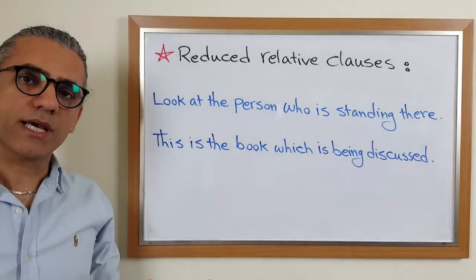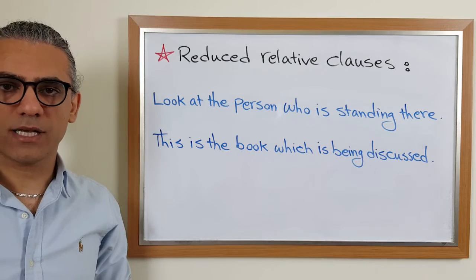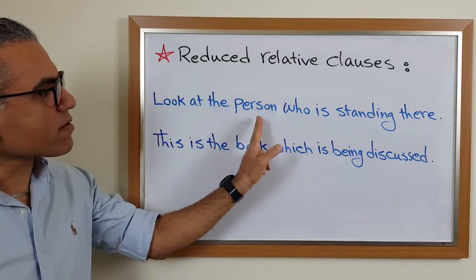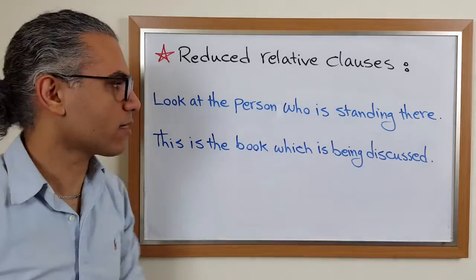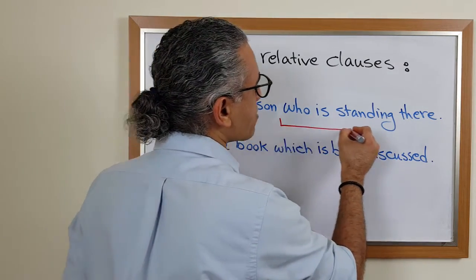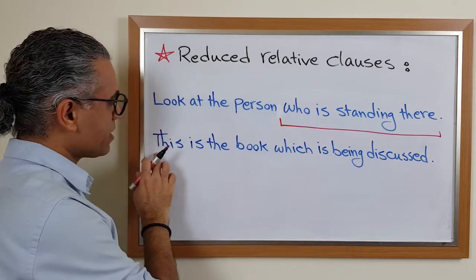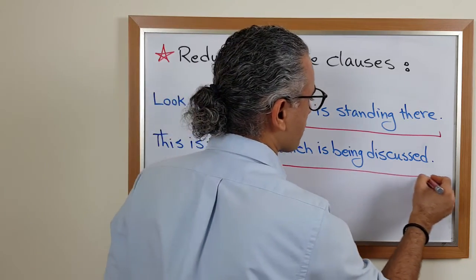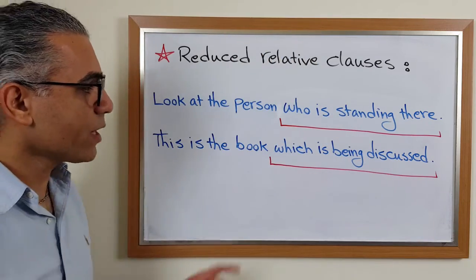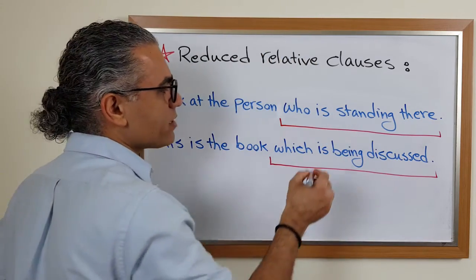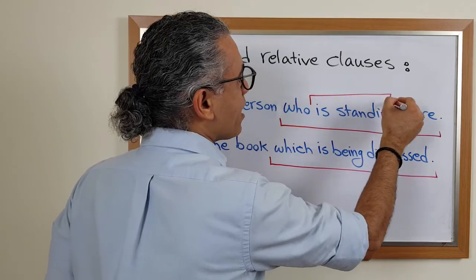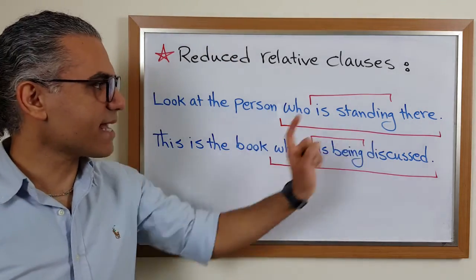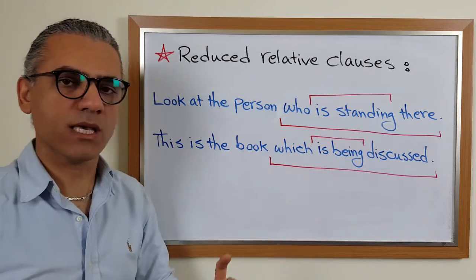The last point today is about reduced relative clauses. Look at these examples. Look at the person who is standing there. So, this is our relative clause. And in this example, this is the book which is being discussed. This is our relative clause. If you pay attention, our relative clause has an ing form in it, a continuous form, who is standing, which is being.